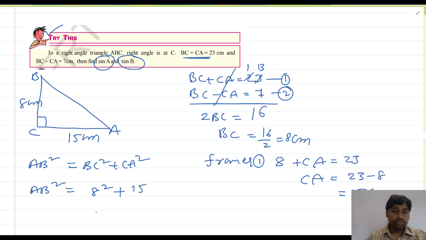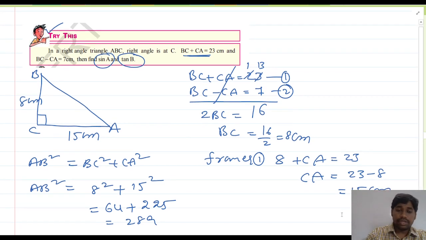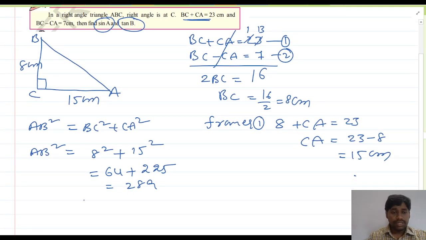So 64 plus 225 is 289, exactly like the previous question. There is no variation. So AB is square root of 289. 289 is a perfect square of 17. So the answer is 17 centimeters.